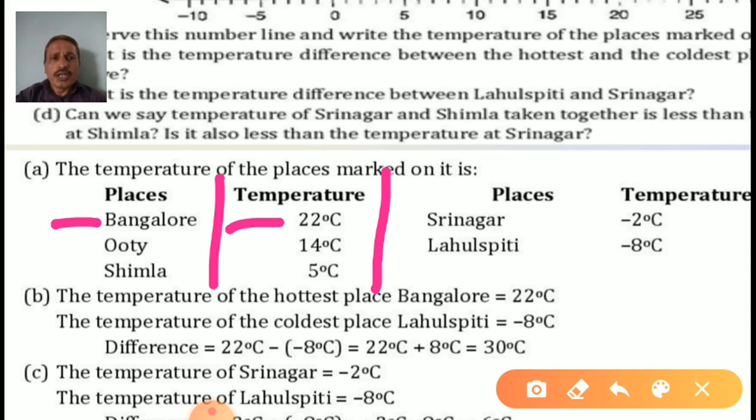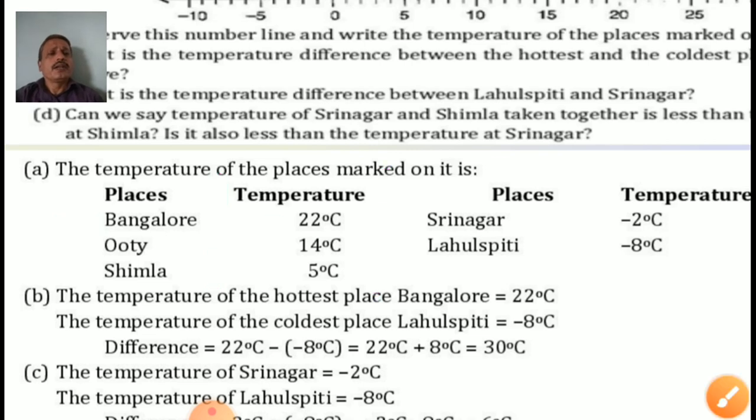Ooty is showing 14 degrees centigrade. Shimla is showing 5 degrees centigrade. Srinagar is showing -2 degrees centigrade and Lahaul Spiti is -8 degrees centigrade.